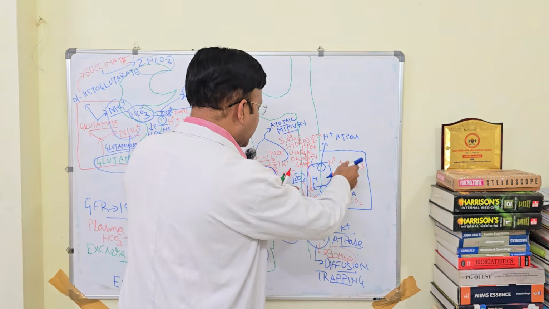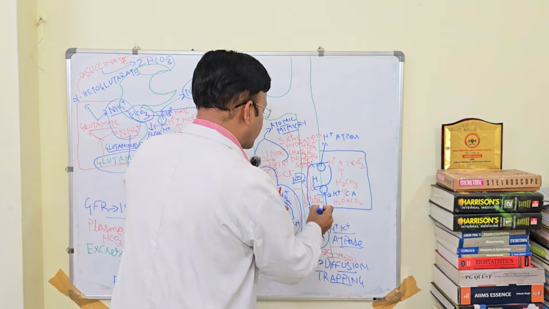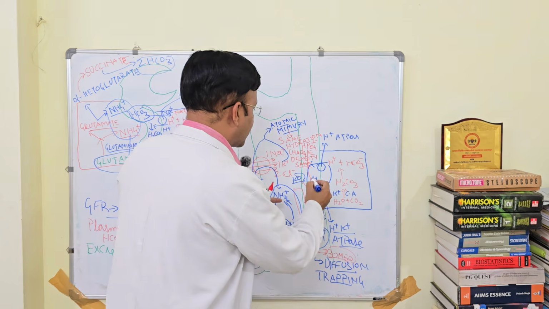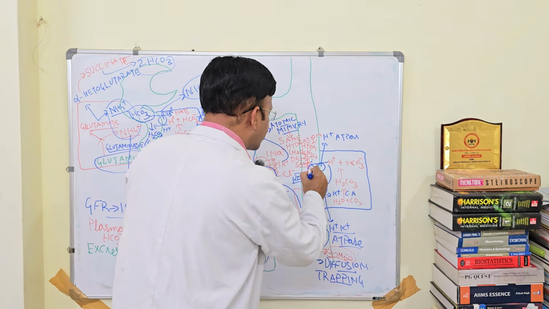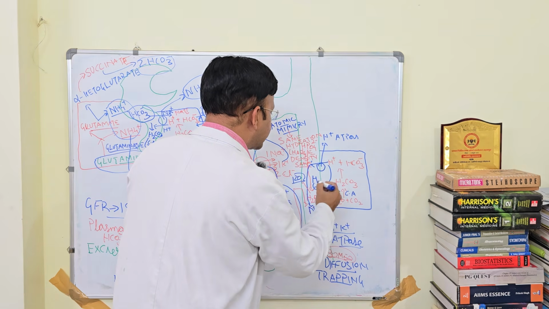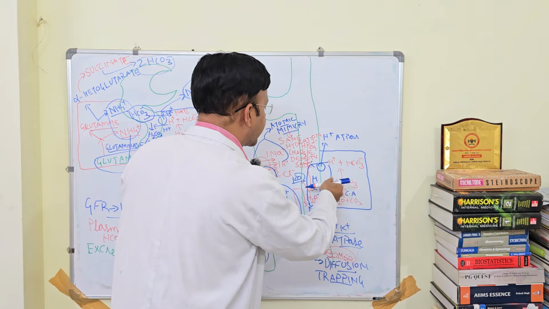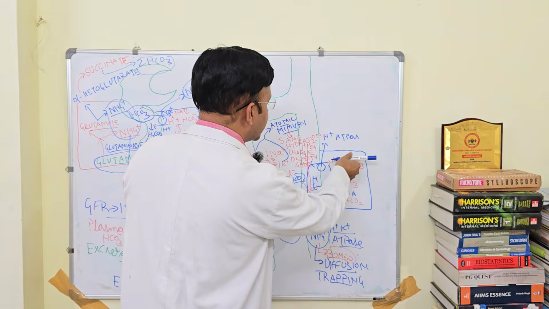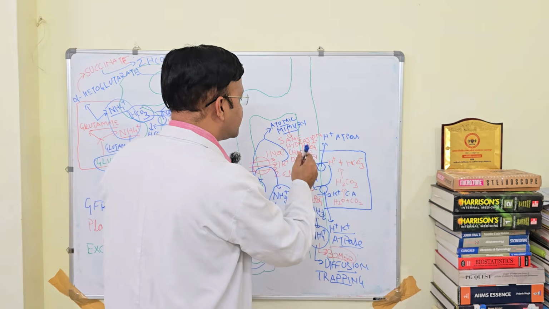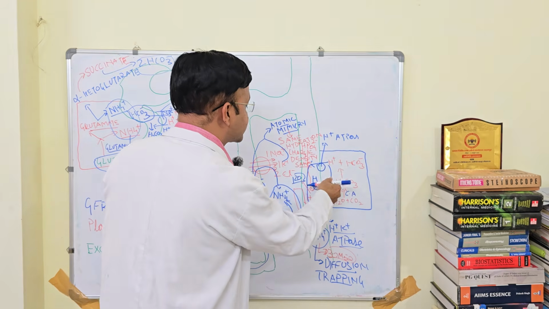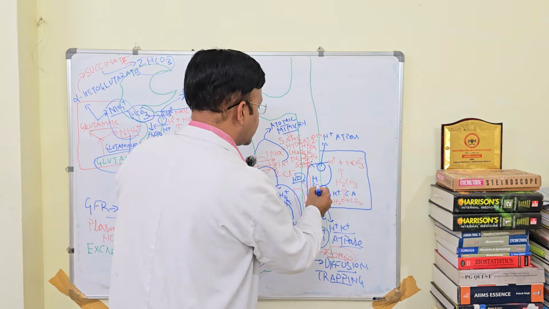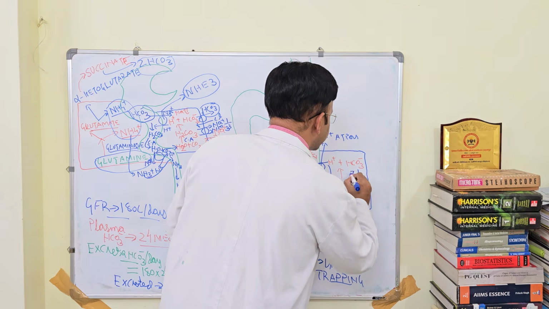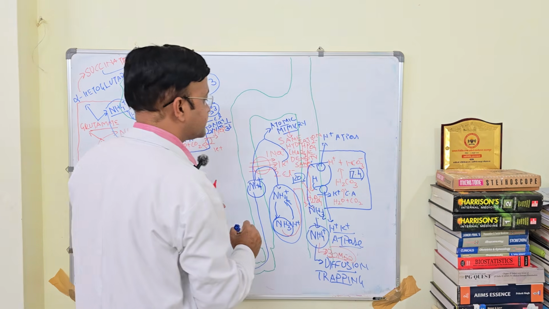And why do we need to reabsorb? Why can't H plus be excreted out on its own, right? Because if we have a lot of H plus ions over here, these ion pumps will stop working, right? These ion pumps have got a limit. They can't pump if the gradient across this membrane becomes more than 1000, right? So what is the pH of our cell? 7.4, right?